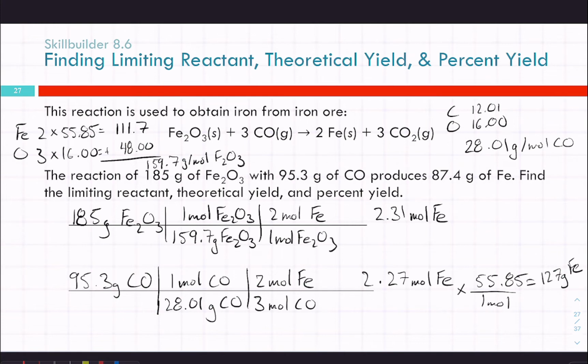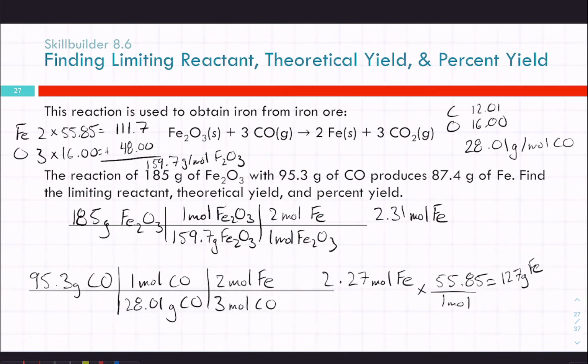There's not enough space. Try this. Shift that over. It didn't help much. So it's going to be actual divided by theoretical times 100. So our actual yield is 87.4 divided by our theoretical yield, which is 127.